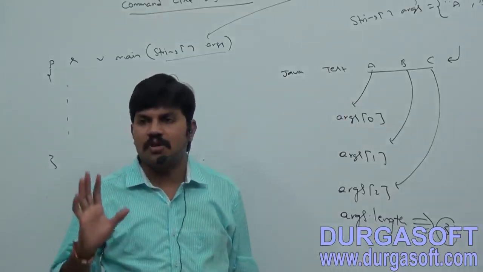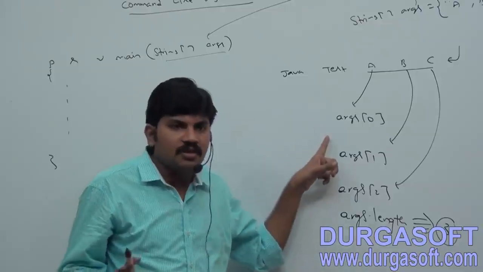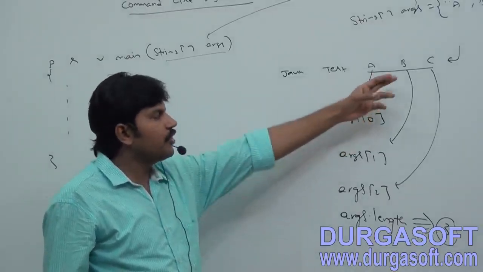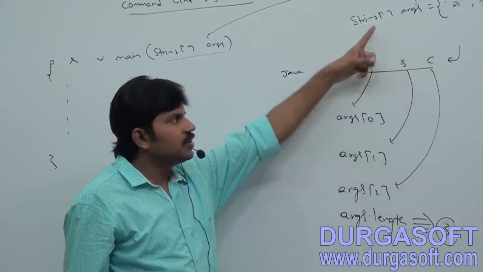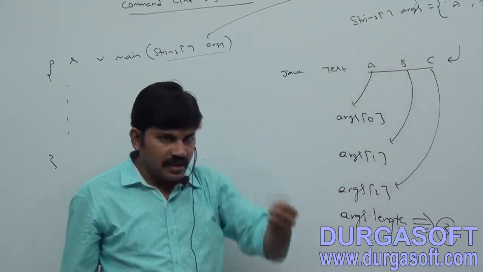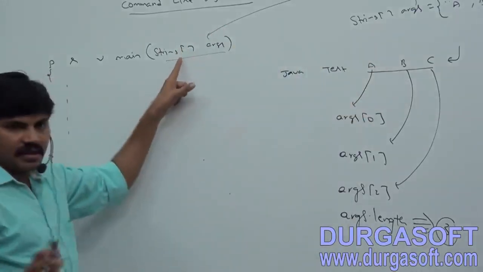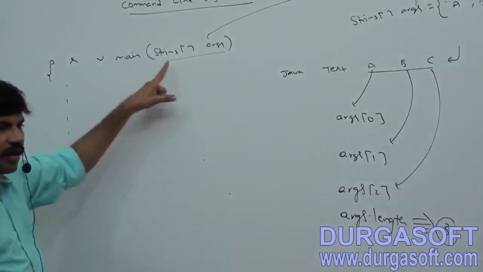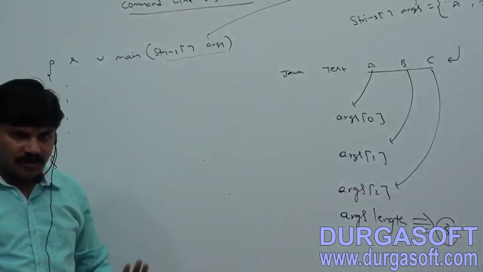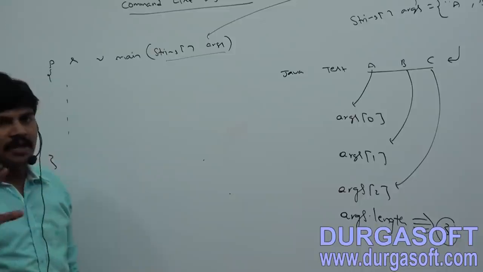So what is command line argument? The arguments which are passing from command prompt are called command line arguments, right? With these command line arguments, JVM is responsible to create an array, and by passing that array as argument, JVM will call the main method, right? Is it clear for all of you right now? So what is command line argument?